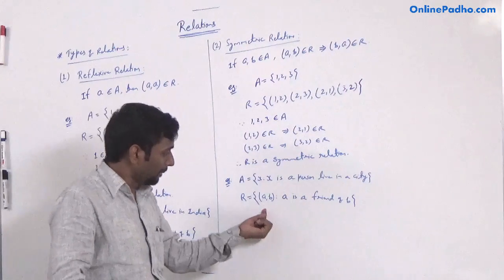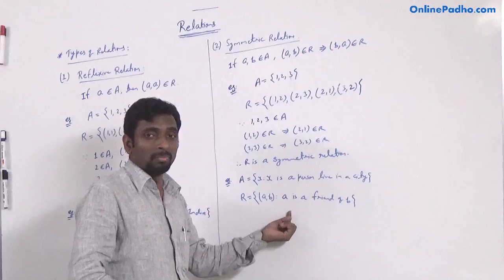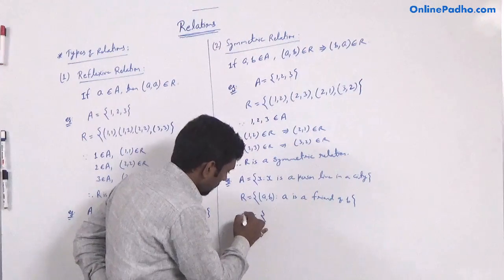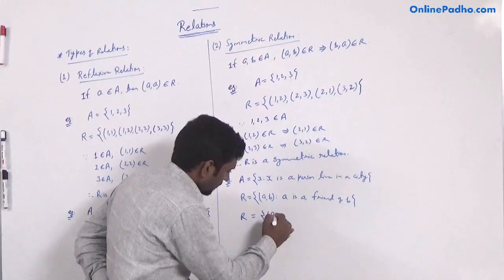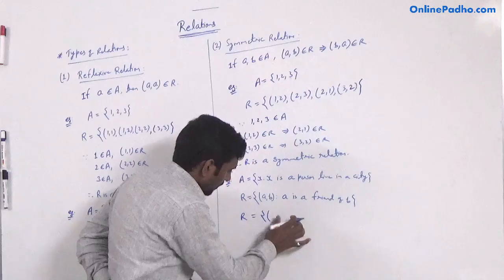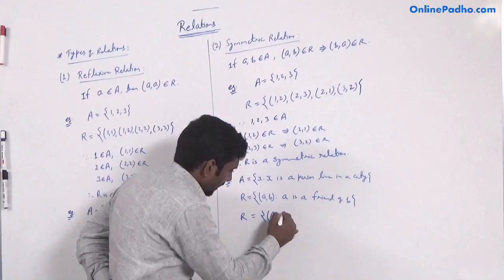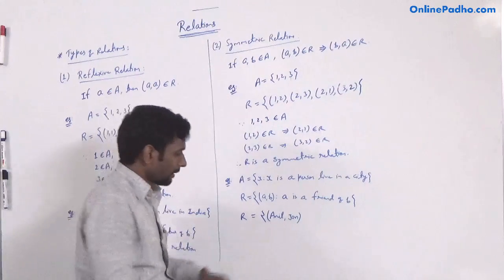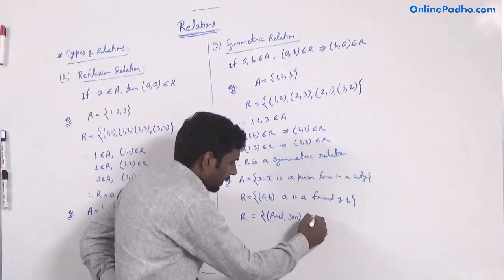So this is a symmetric relation. Let us consider a relation in roster form. Anil and John are friends. Then can we write John and Anil?